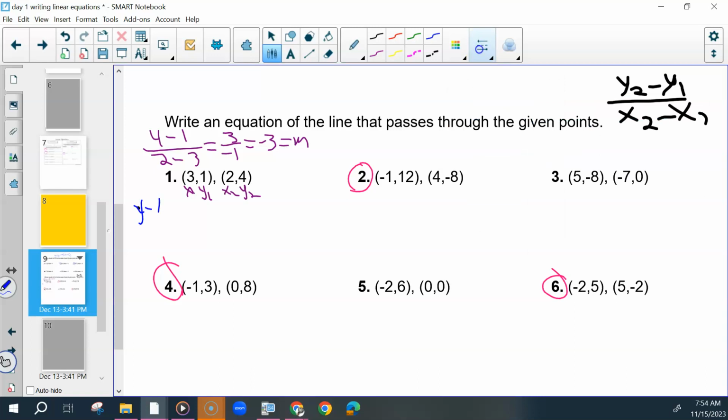Y minus 1 equals our slope, -3, times x minus 3. And just like yesterday, we would distribute and get y by itself. So y minus 1 equals negative 3x plus 9.